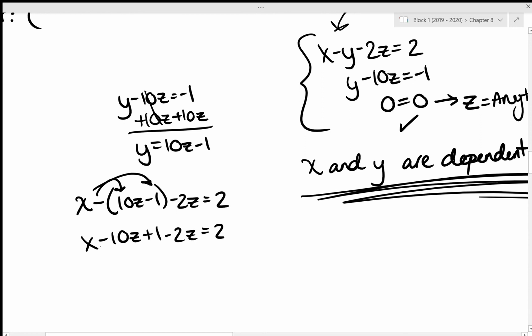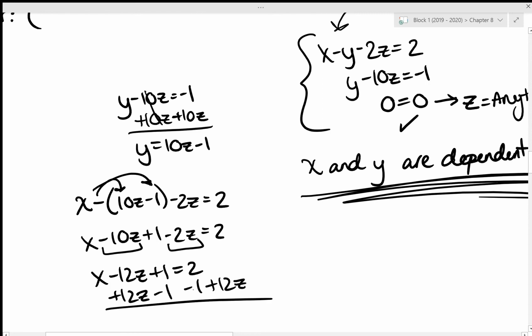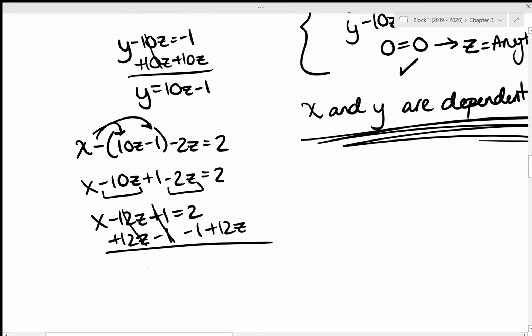And now I'm going to combine my like terms. And now I will isolate x. So I move everything to the other side except for the x. And I get x equals 12z plus 1.